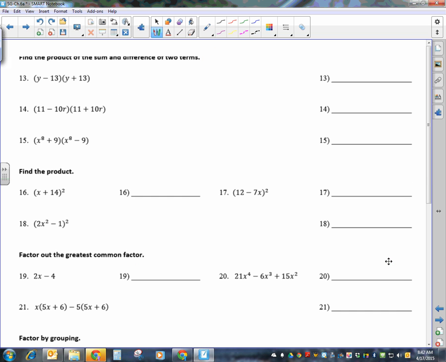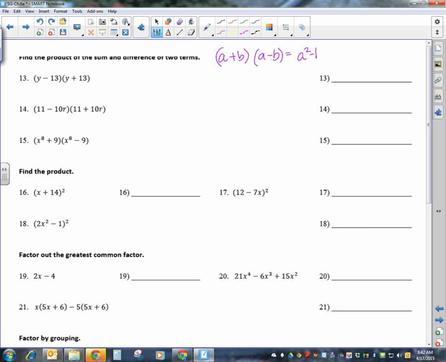Okay, moving along. We have find the product of the sum and difference of two terms. I took out the other directions. They will not be on the test, and that was to put it in standard form. So you won't have to worry about that. But this is following the pattern of this is the sum of two terms, and this is the difference of two terms.